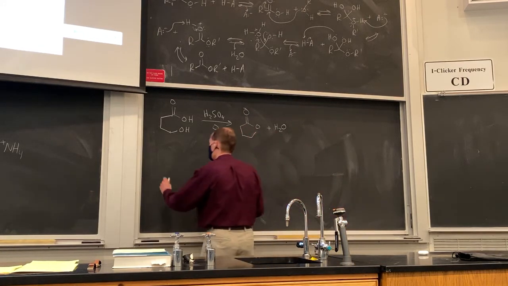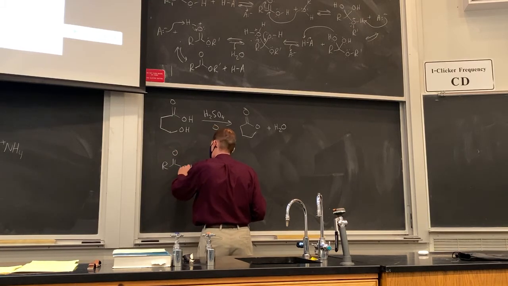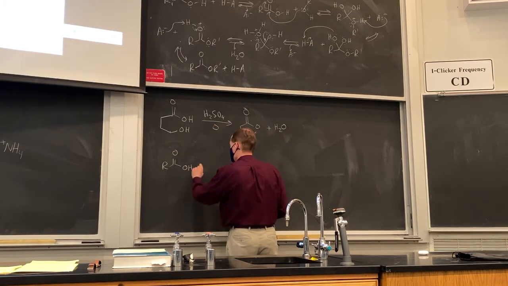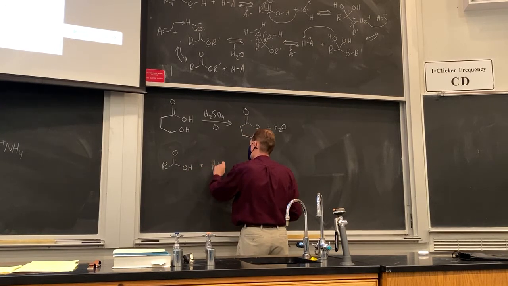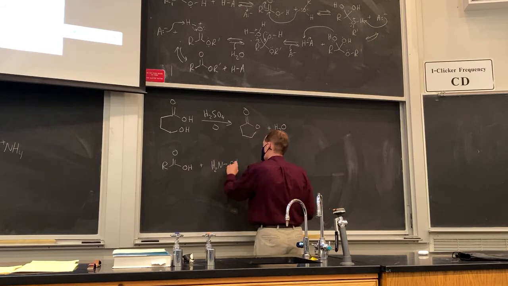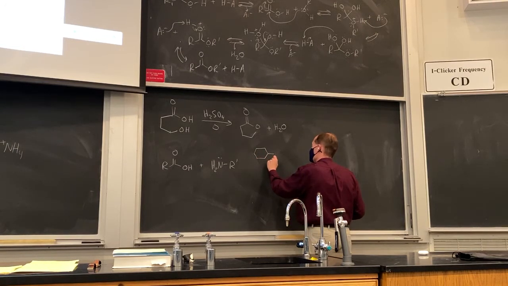That reagent is called dicyclohexyl carbodiimide, which is a very long name. The structure of the compound is almost as long as the name. And as we've done in the past with large molecules that have long names, we give it an abbreviation.